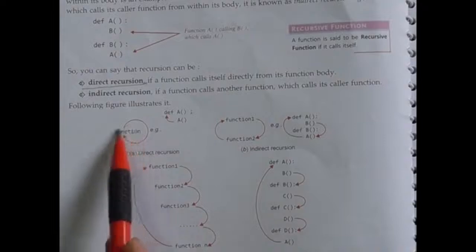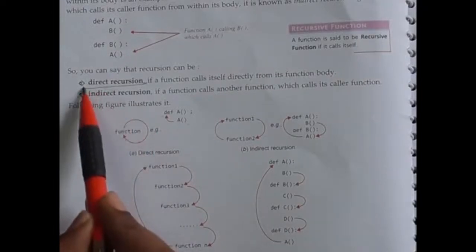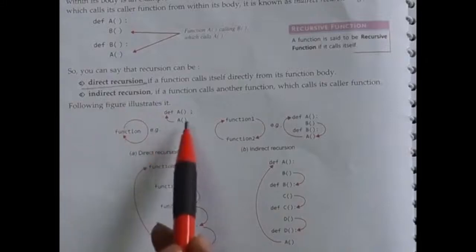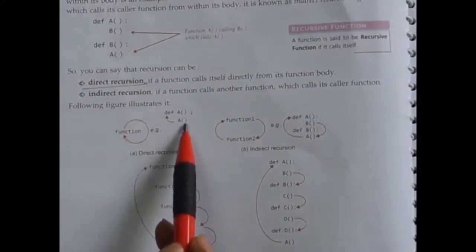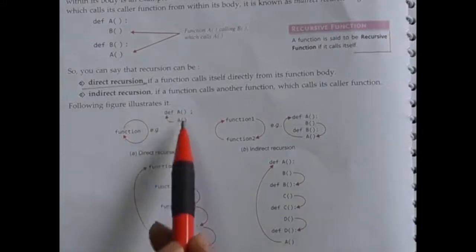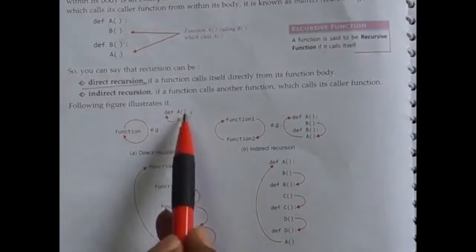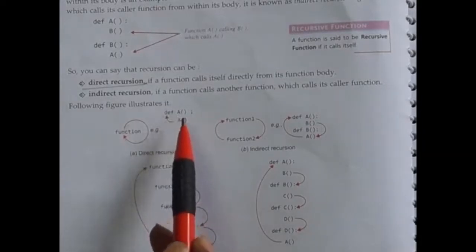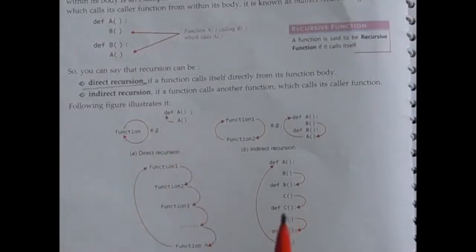A function calling itself is called direct recursion. The best example is this one. A function A will call function A, then it will come here. A function will call the same A function again. So I think infinite times this will execute.